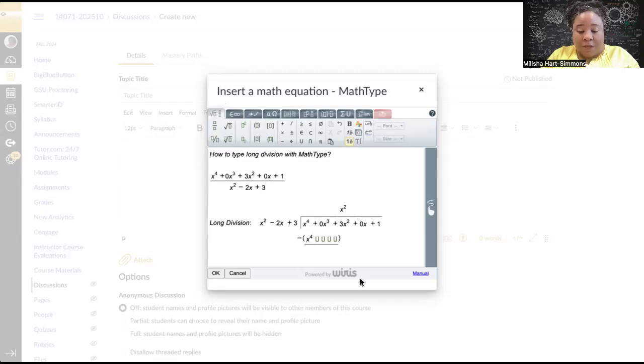So I'm going to put it in the next entry, negative 2x cubed. Okay. Then here we have plus 3 times x squared.